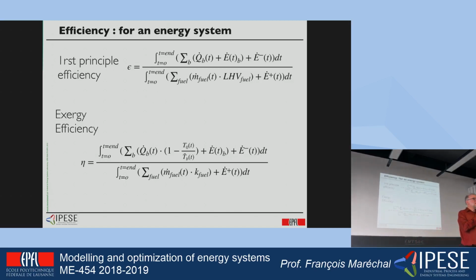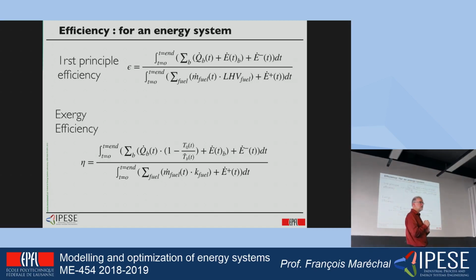Typically, K is the lower heating value multiplied by 1.04 in conventional fuels. The explanation is that the lower heating value is supposed not to condense the water that is produced by the combustion.